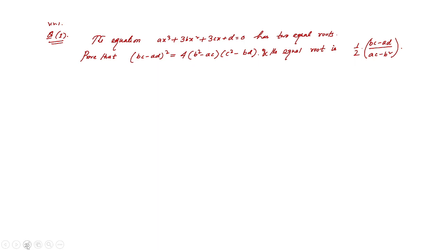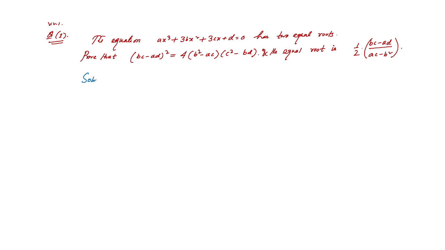This is our problem. We have to first prove one important condition and then we have to find the equal root. In this question there are two important parts. First we prove the condition, then we will find out what the equal root is.